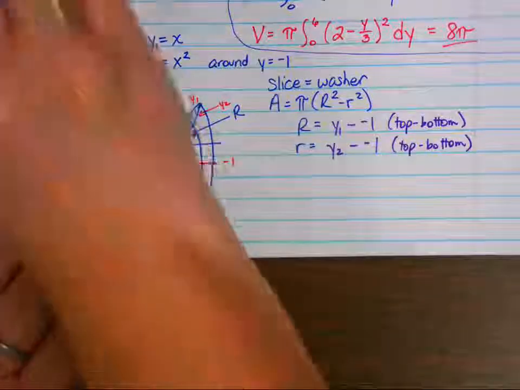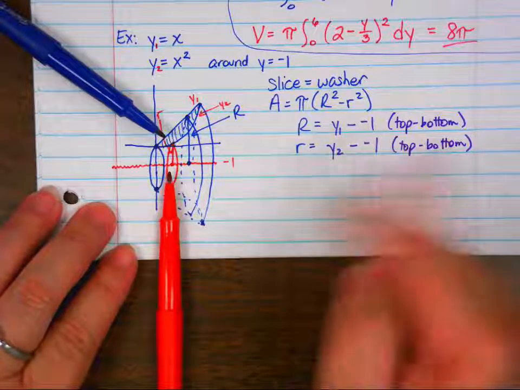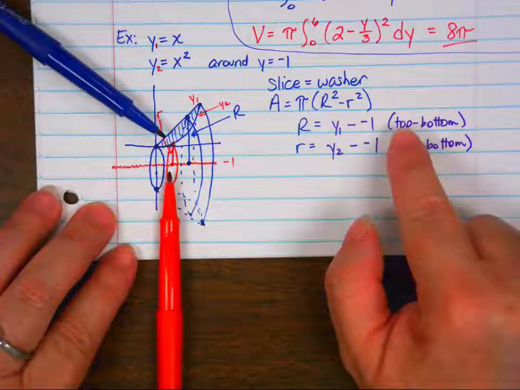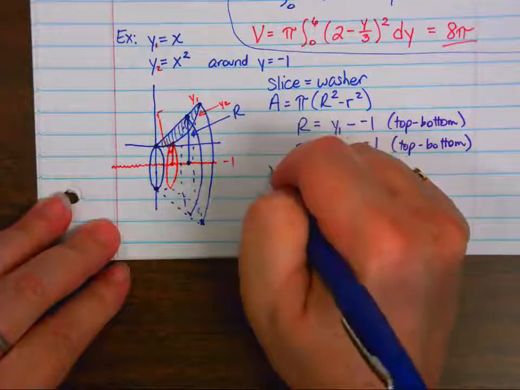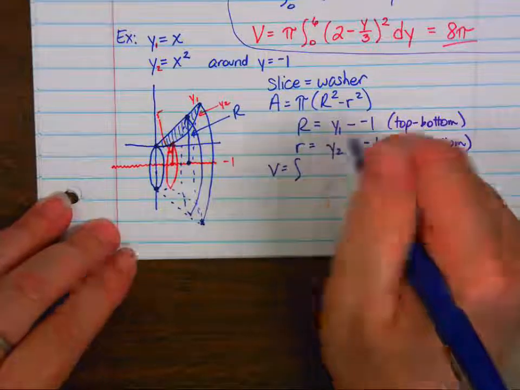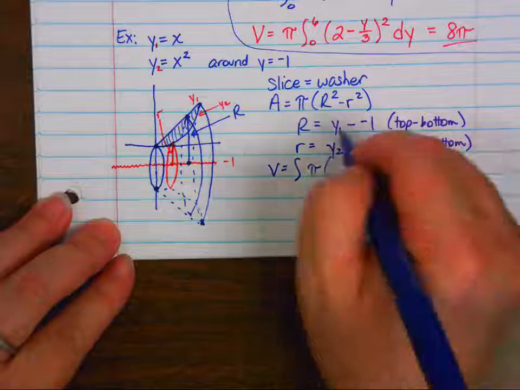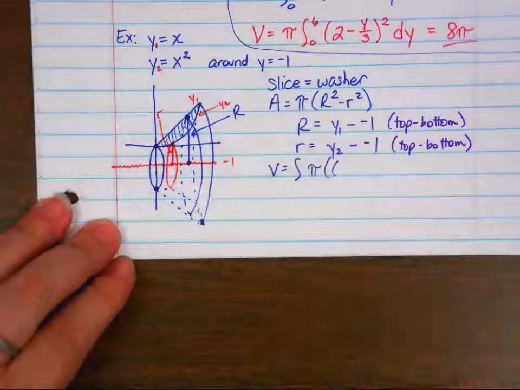Okay. So now I'm going to leave it like this because I know it makes plus a positive. I'll fix it in the integral. I want it to be this way to show that it's top minus bottom. Okay, so my volume is going to be the integral of pi. Now, my big R is two terms, so I've got to put a double parentheses here.